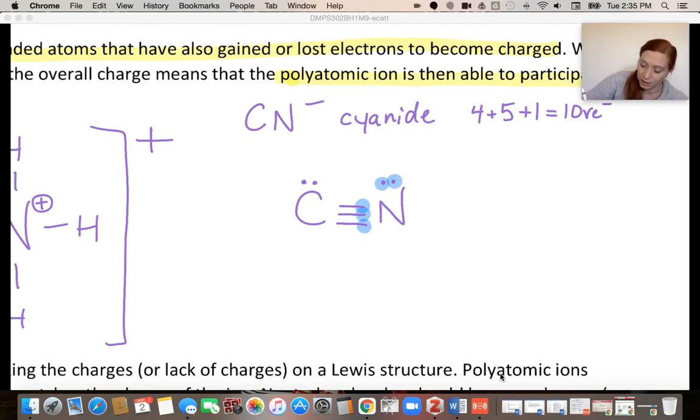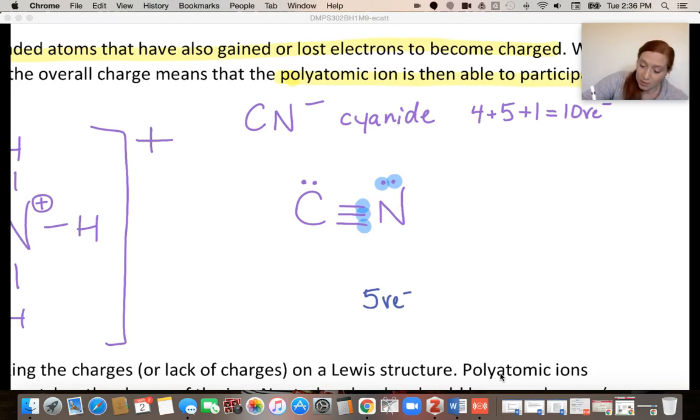If I'm going to color code this, let's say I have 5 valence electrons in my structure surrounding nitrogen that belong to nitrogen. While there's 8 electrons surrounding nitrogen, 3 of those are being shared with carbon because they're coming from carbon.